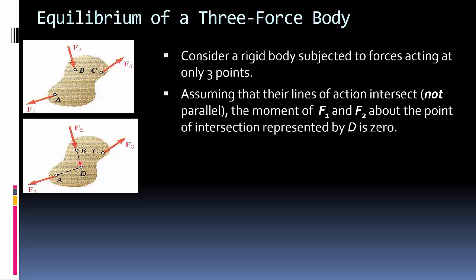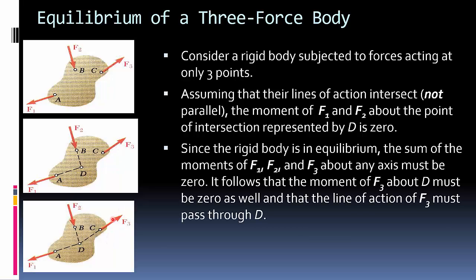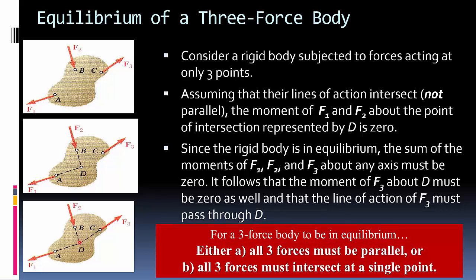Now, the only way for F3 not to add additional moment is that its line of action has to also pass through D. And so the upshot of all that is that for a three-force body, there's two options. Either all the forces must be parallel, in which case the lines of action don't cross each other. Or all three forces must intersect at a single point.